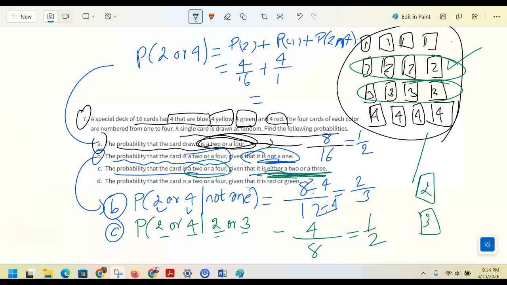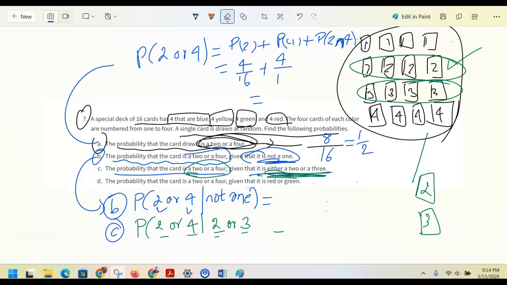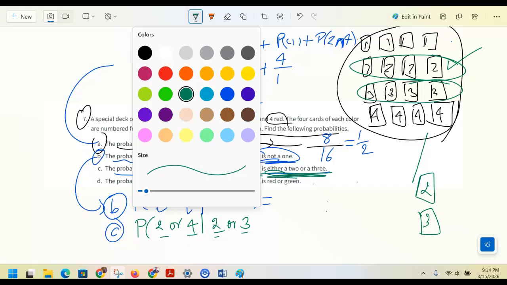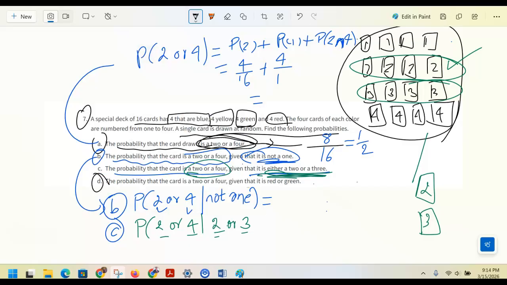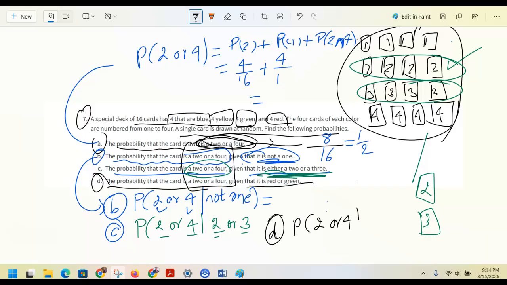And the last question is D. D says the probability that the card is, again the same question, 2 or 4, but it is told to us that the card is red or green. So let's see, red or green means, this is red and these are all green cards.